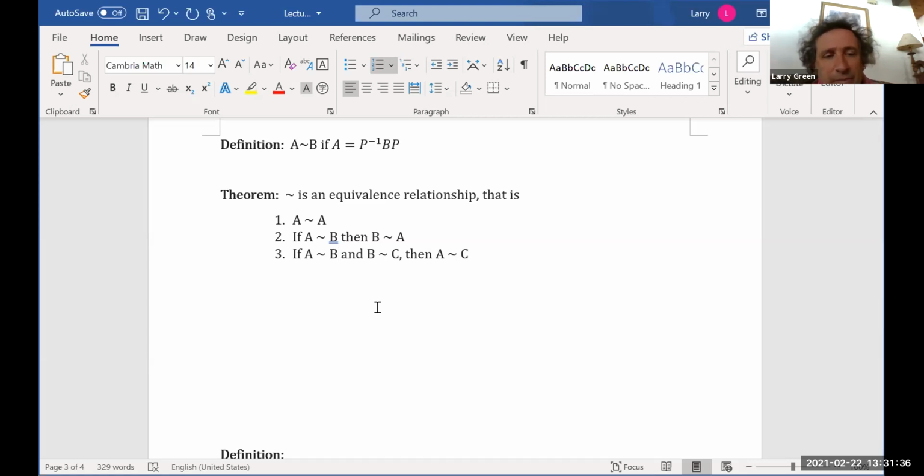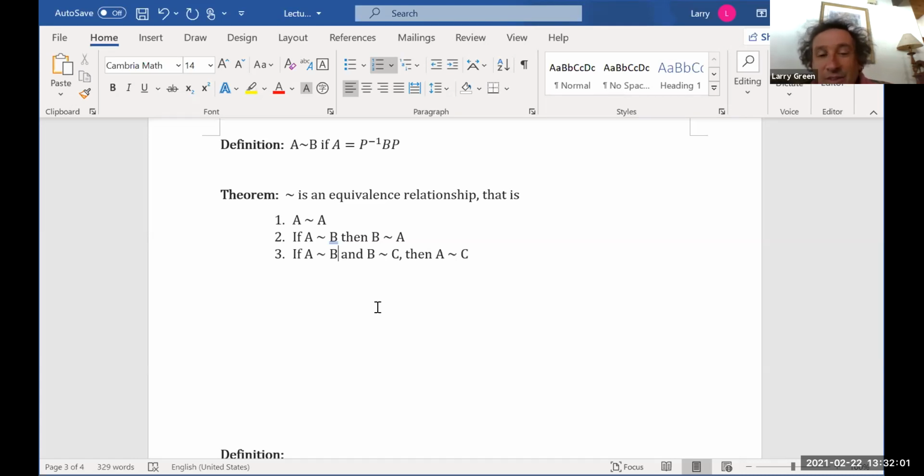By the way, equal sign is an equivalence relationship. Do y'all know that? If x is equal to y, then y is equal to x. You always know that x equals x. And if x equals y and y equals z, then x equals z.